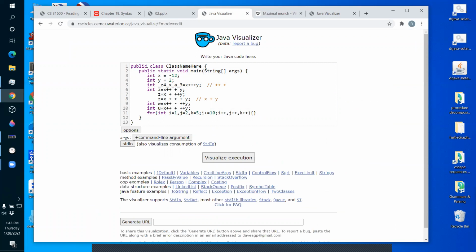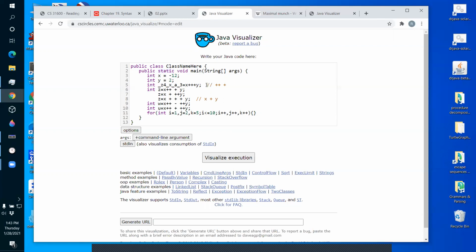That space doesn't come out of the tokenizer. What comes out would be the list: public token, class token, name token, brace token, public token, static token. There would be no spaces in the tokenizer stream. The tokenizer removes the spaces.